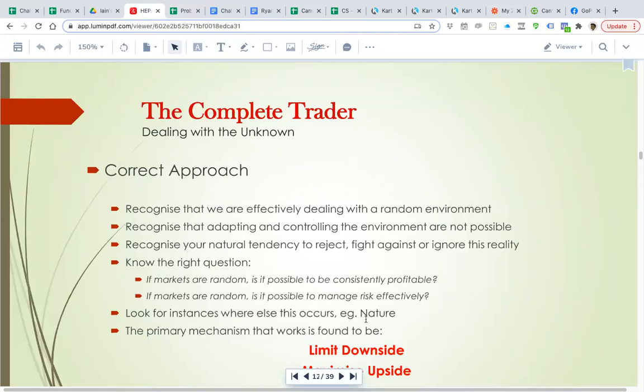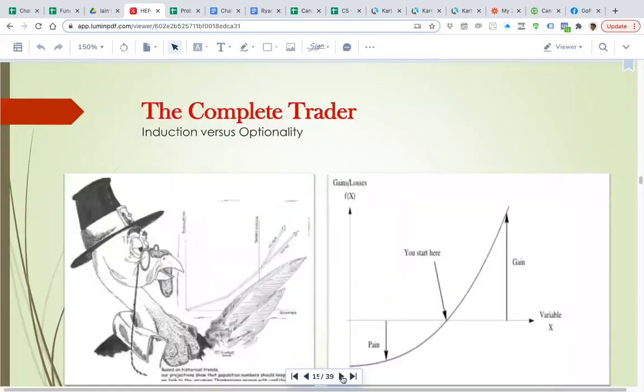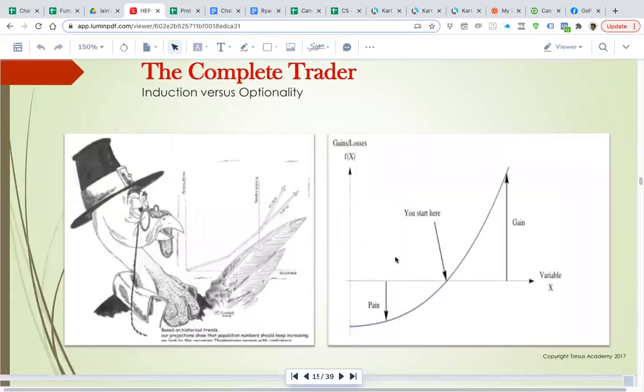And this statement at the bottom here, limit downside, maximize upside, effectively embodies the principle of convexity. We've spoken about that before, and you've seen me talk about it many times, but let me just go to the diagram of the turkey problem.